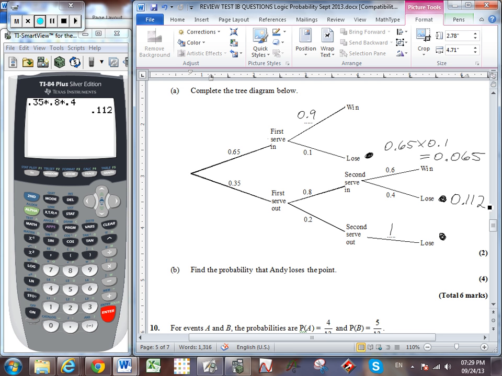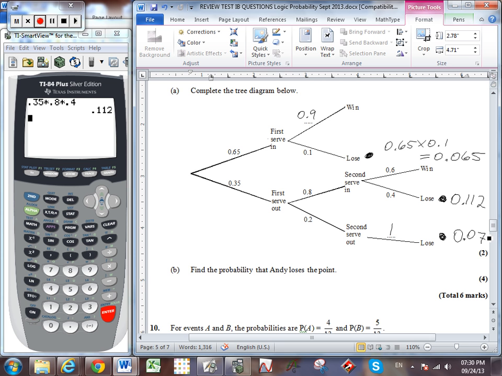And then the last one, 0.35 times 0.2 times 1. Well, thankfully multiplying by 1 doesn't change anything. I can do this. 0.35 times 0.2 gives me 0.07.